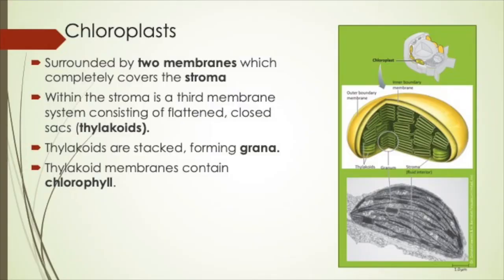All plastids contain DNA and code genes. So chloroplasts, they are surrounded by two membranes. Remember that endosymbiosis theory. Whenever it came in, it got another membrane around it. It completely covers the stroma. The stroma consists of flattened enclosed sacs called thylakoids.